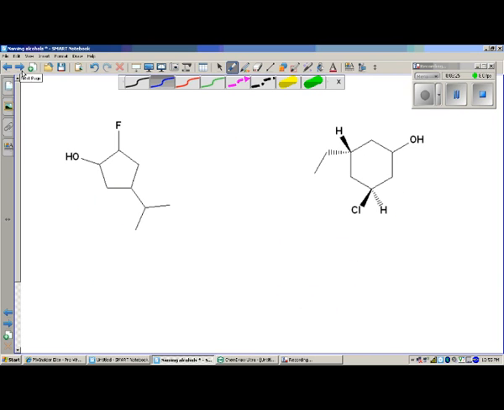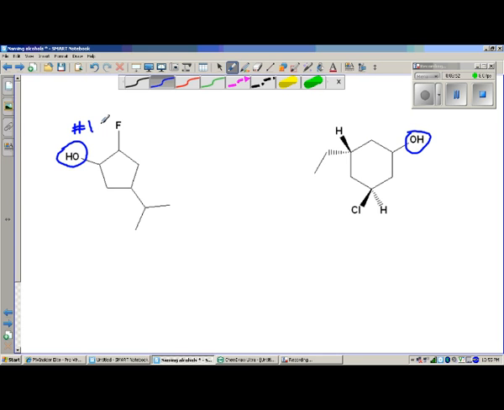Alright. Let's talk about cyclic alcohols, okay? And these are slightly different in how we name these. The only real thing that makes these different is that we always assume one particular thing when naming cyclic alcohols, and that is, no matter what, the alcohol carbon, the carbon bearing the OH, is always assigned carbon number 1.